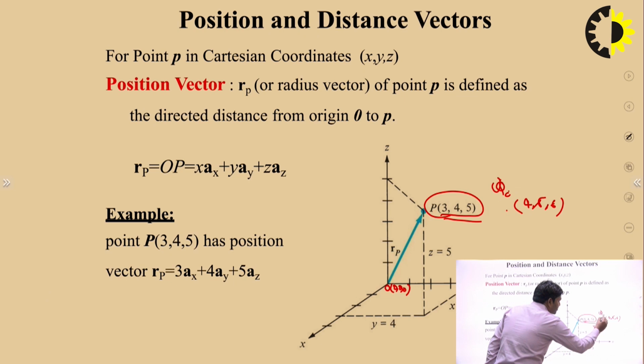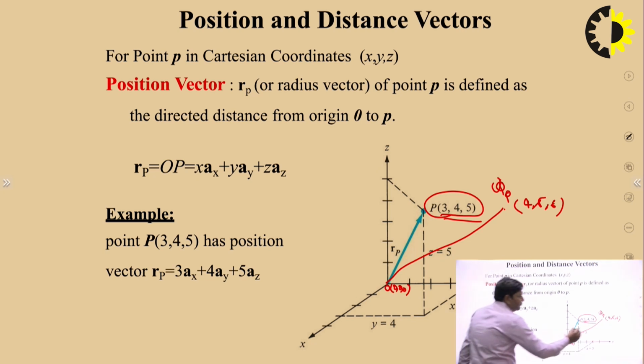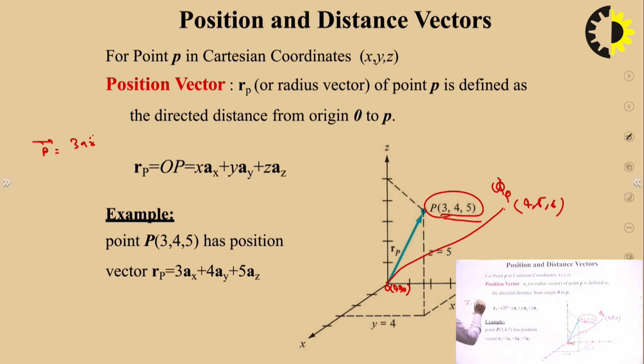What is the meaning of vector P? Vector P is defined as 3ax plus 4ay plus 5az, and vector Q is defined as 4ax plus 5ay plus 6az.